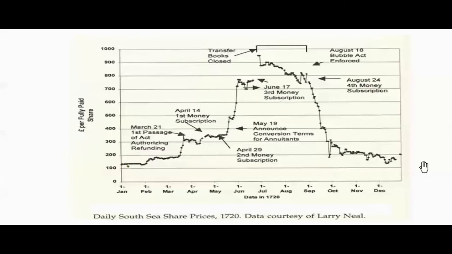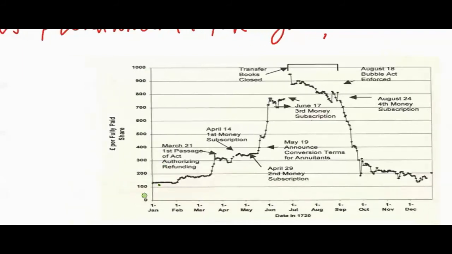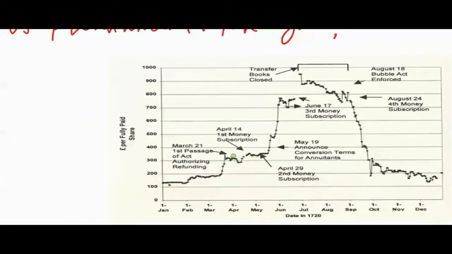So the company started building its story by making new capital increases every now and then, as you can see in this chart. At the bottom, on the x-axis, you can see the dates, and on the y-axis you see the price of this company's shares. As you can see, the shares began to increase in price over time, from just over 100 pounds all the way to trading at 900, and this in probably only 6 months.